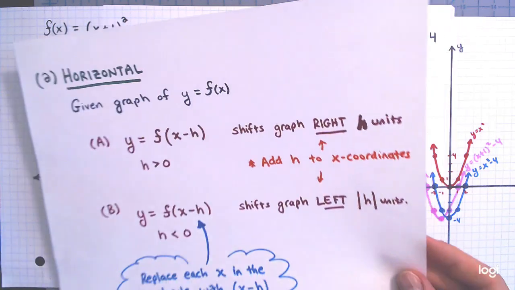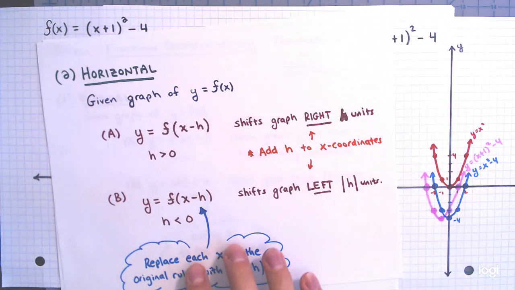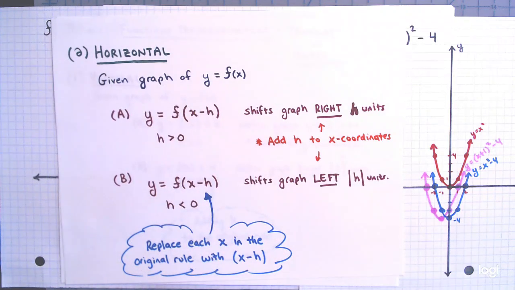And if instead of adding something, you're replacing all the x's in the original rule, all the inputs, with some quantity x minus a number, or x plus a number, right? Plus a number is just minus a negative number. That'll move the graph left or right. So just keep track of how you're changing the rule, and that'll tell you which way the graph you have is moving.